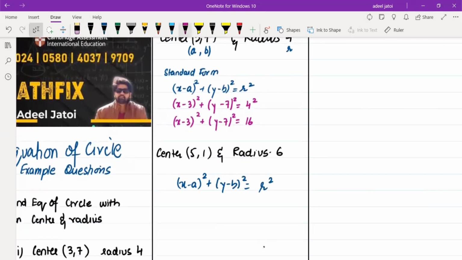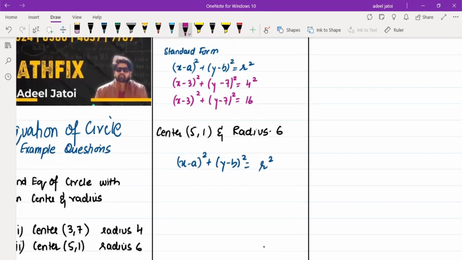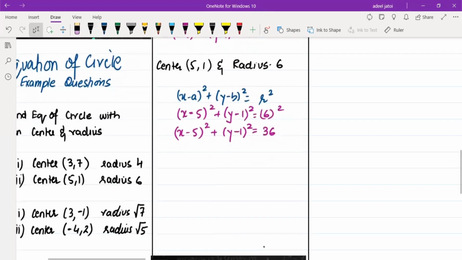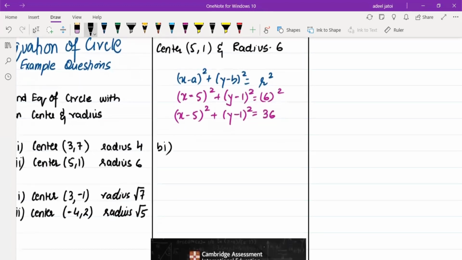And if we solve this with the same process, that is x minus 5, because a is 5, whereas b will be 1, and this should be 6 square. So x minus 5 whole square plus y minus 1 whole square is equal to 36.